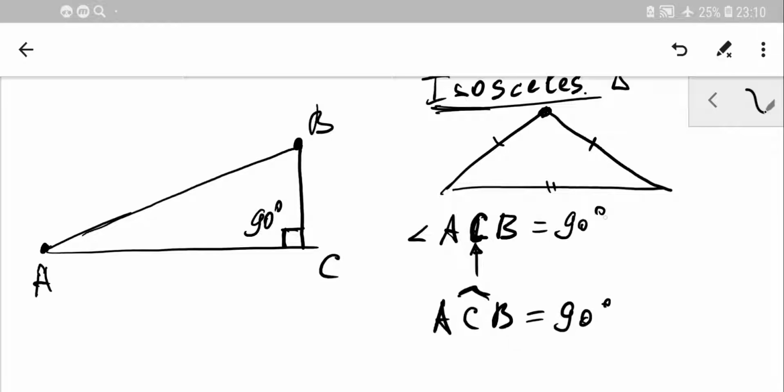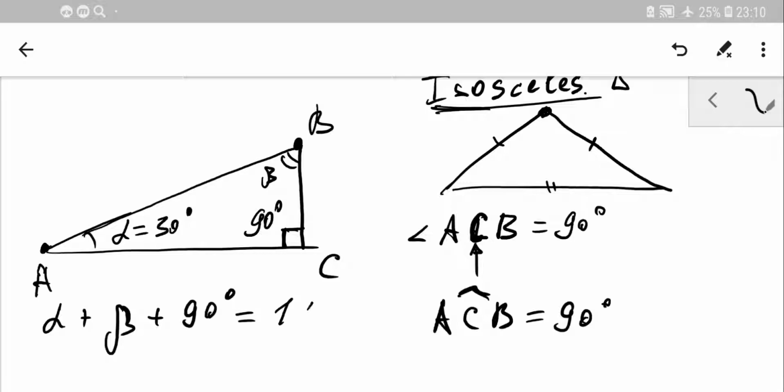So what can you say about a right angle triangle? If we know one angle, let's say 30 degrees, we can figure out the other angle with no trouble. This angle is beta, and we know that the sum of all three angles, including our right angle of 90 degrees, should give us 180.